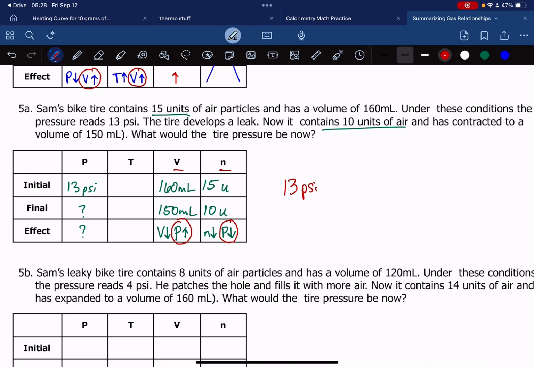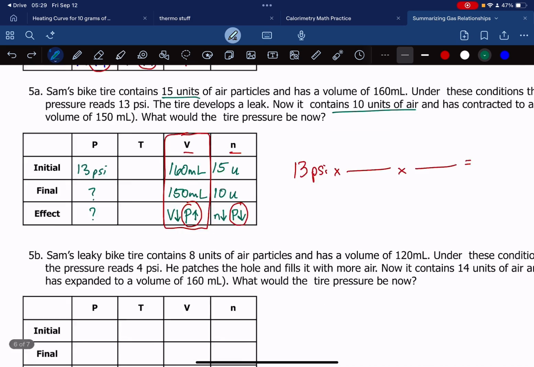I'll take my 13 psi. Again, multiply it by 2 ratios since I am changing two things. And I'll just take it one ratio at a time. I'll look at my volume here. I can see that my volume is going down, which makes my pressure go up. So if this is my volume ratio, I want my volume ratio to contribute to making this 13 a bigger number.